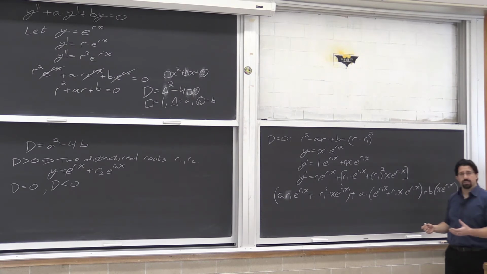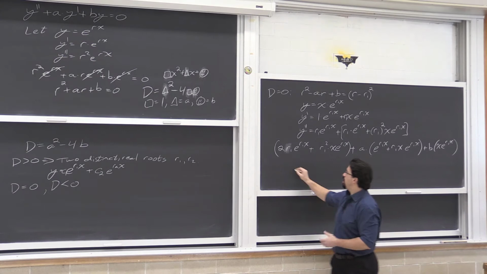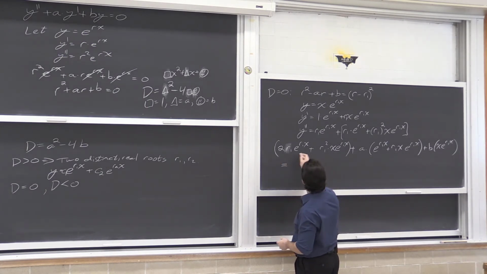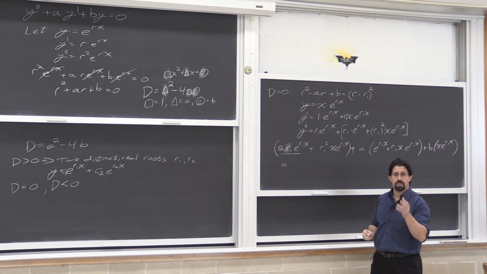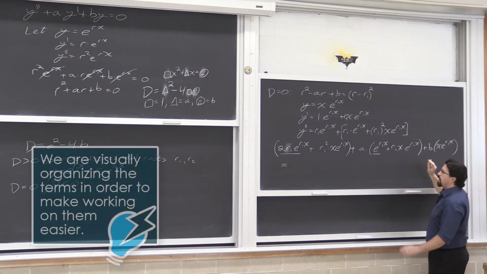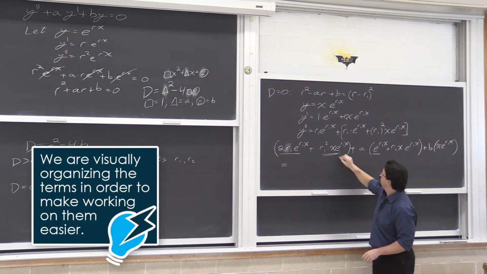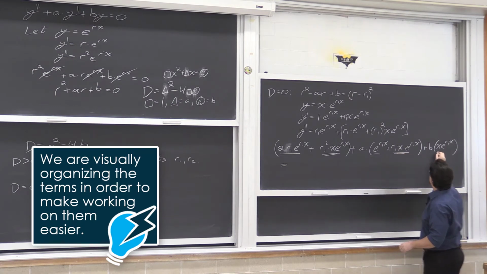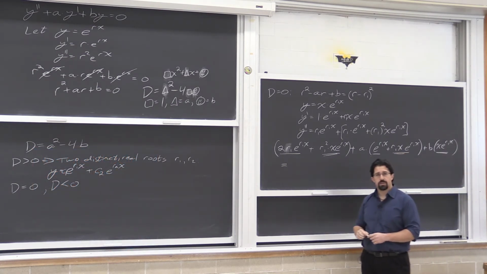And now we gather them up. We try to collect like terms and see what we have. So notice this one over here is the exponential times a constant, as is this over here, and that's it. The others, this one and this one, have the exponential multiplied by x.